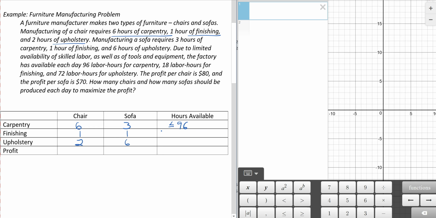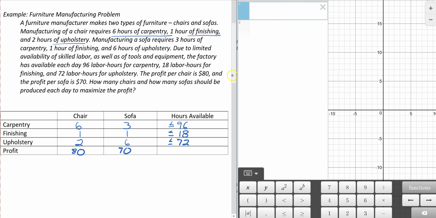We can't go over 96 labor hours though, so it can't be greater than that. Labor hours for finishing is 18 at most, less than or equal to 18. And for upholstery, 72, less than or equal to 72. The profit per chair is 80, and the profit per sofa is 70.